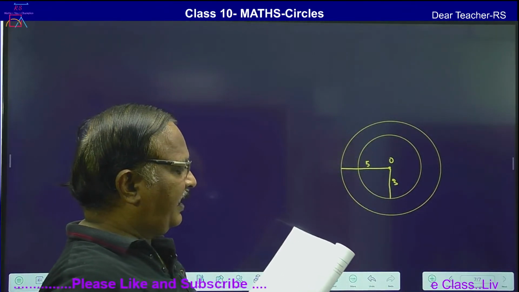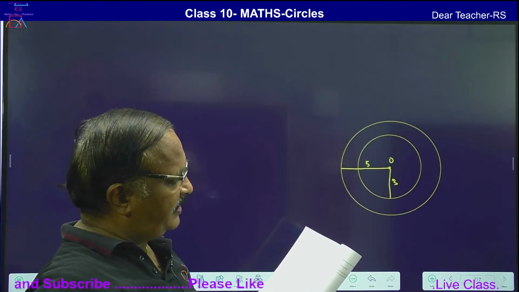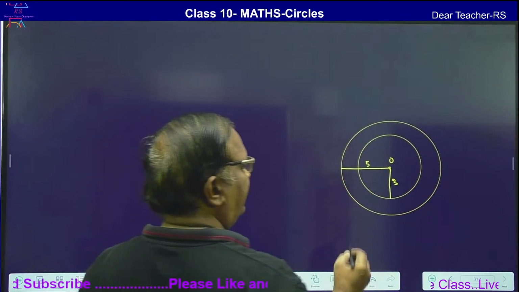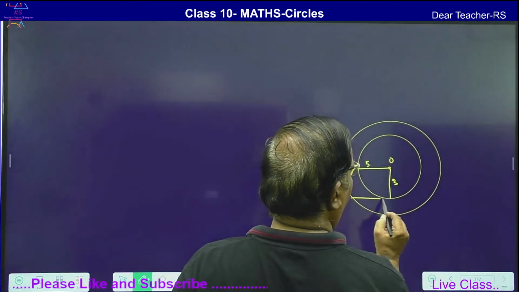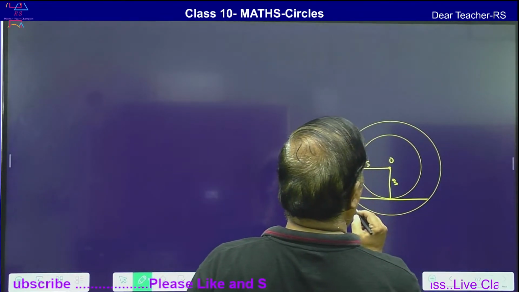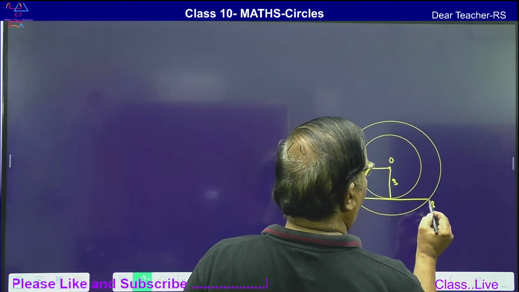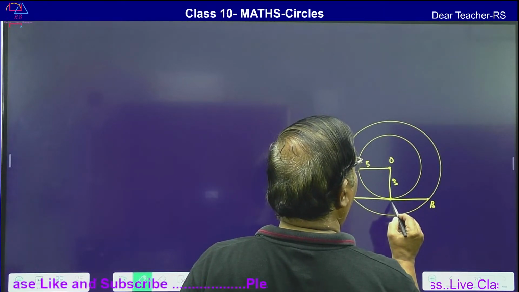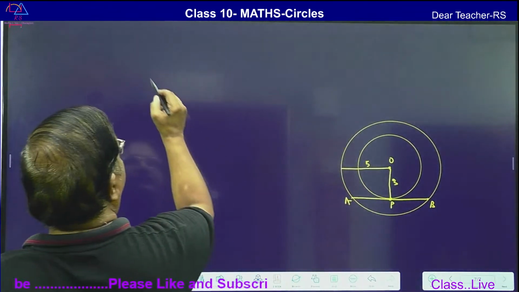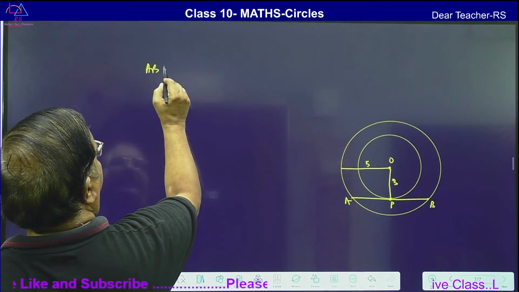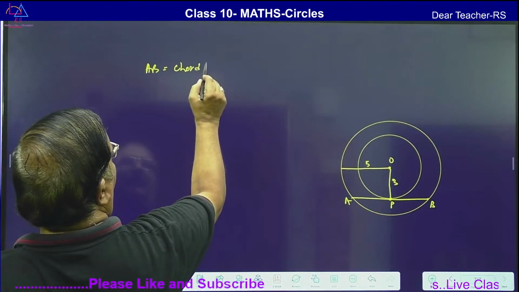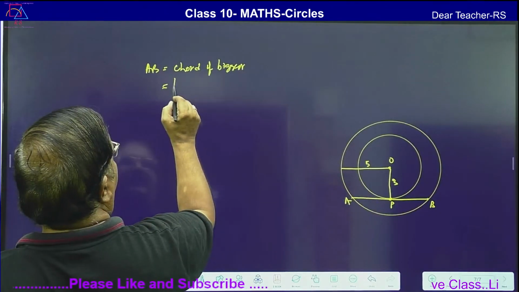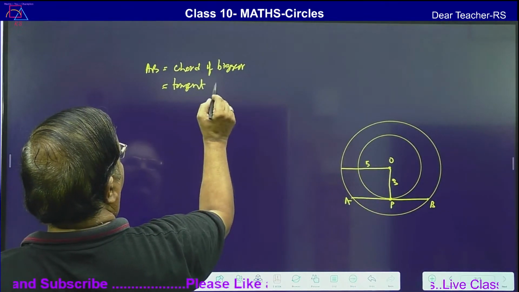And find the length of the chord of the larger circle which touches the smaller circle. Say this is the chord, AB is the chord of the bigger circle which touches the smaller circle at P. So AB is a chord of the bigger circle which is also the tangent at P.